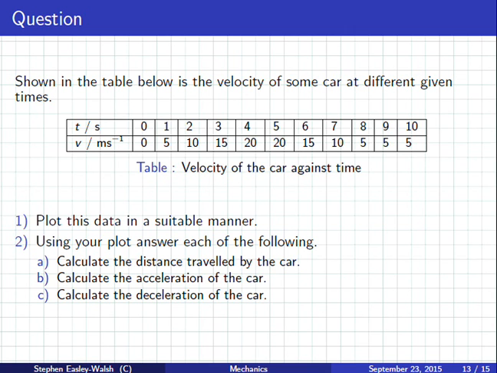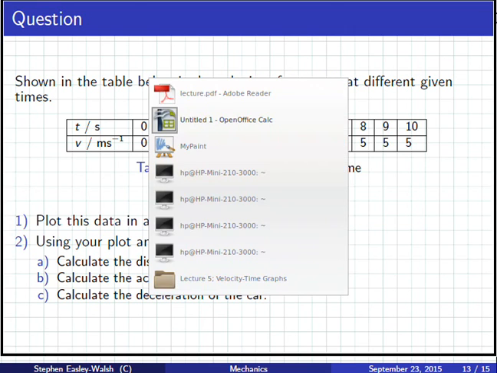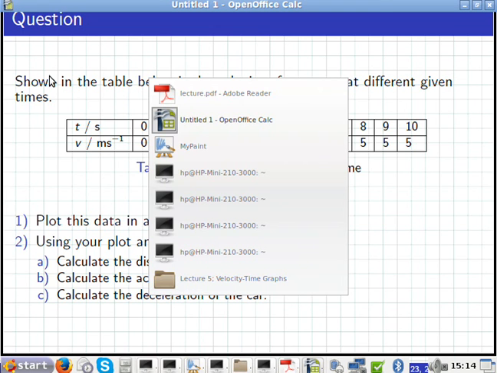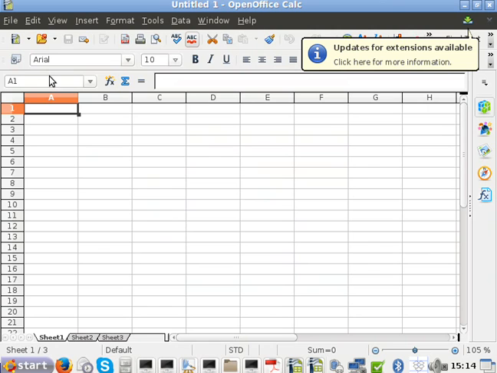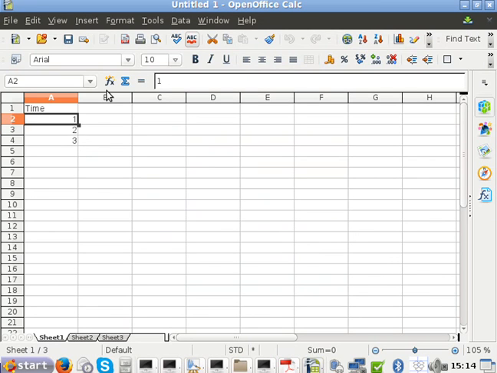Okay, so let's have a look at the graph here. The first one is time. So what's the time? It goes 0, 1, up to 10 seconds, is it? 10 seconds?